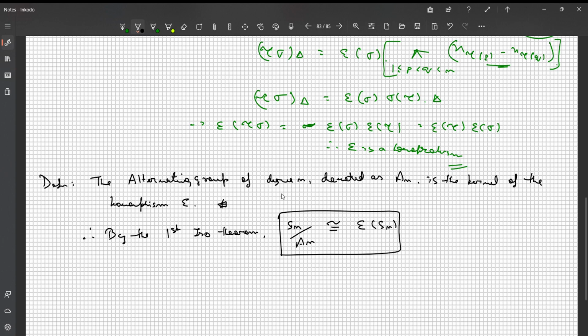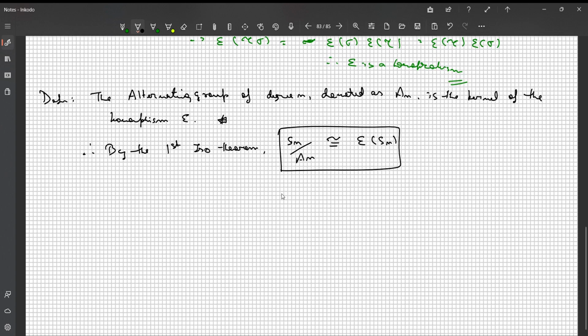Why am I saying epsilon is a surjective mapping? Because we claim that with respect to the element 1 and the element minus 1, we will get elements from Sn such that their sign is plus 1 and minus 1 respectively. Let us first claim that. To claim that, we need to understand how this sign change works in case of transpositions. Suppose we consider the transposition (1 2).